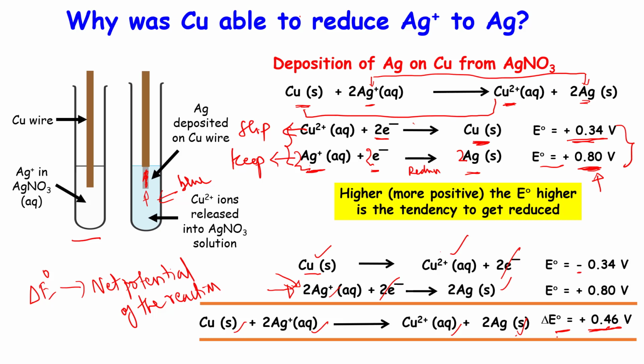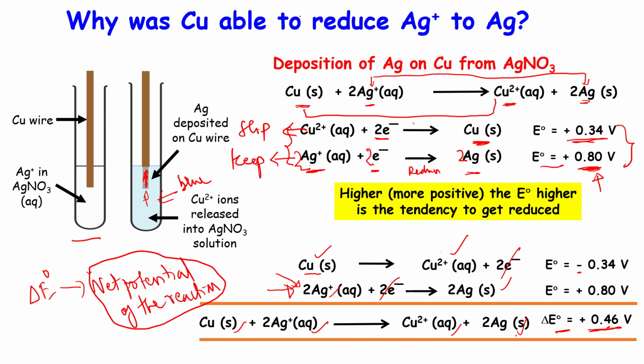This delta E naught is referred to as the net potential for the reaction. So what we are doing here is basically combining the 2 half reactions. One of them is the oxidation half reaction, the other is the reduction half reaction. We're adding them together to get the voltage of the overall reaction. The net voltage we get from this reaction is 0.46 volts, and that's the amount of voltage we can generate from these 2 half reactions.